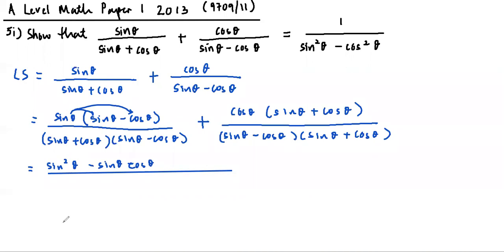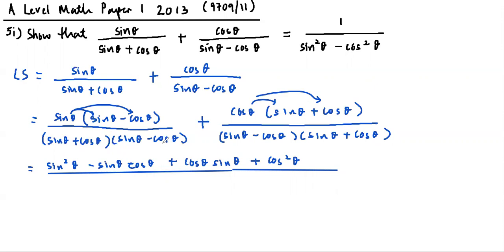And for the second term, you add 2 cosine theta sine theta plus cosine squared theta. The denominators are common, so you only need to write once. Now let's look at the denominator. You have sine theta plus cosine theta and sine theta minus cosine theta.